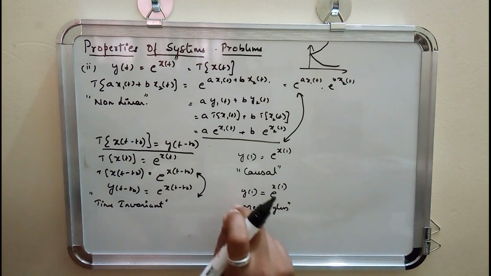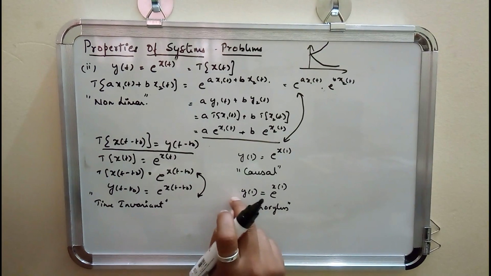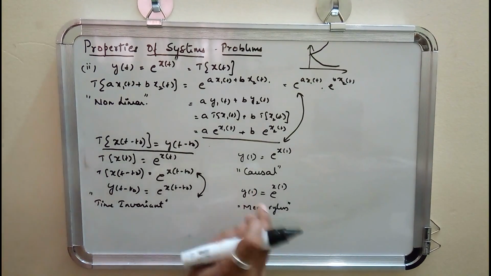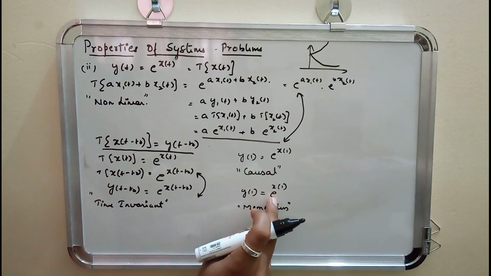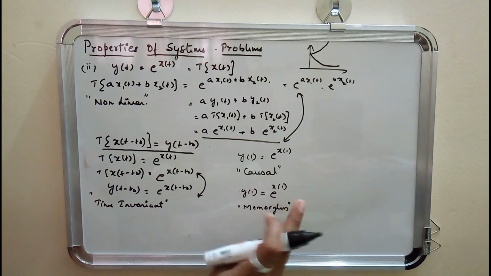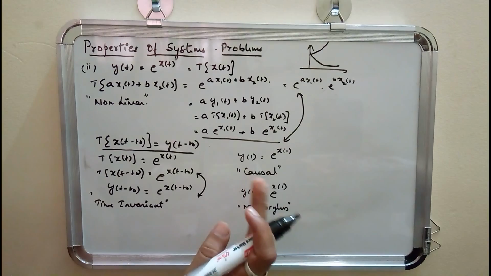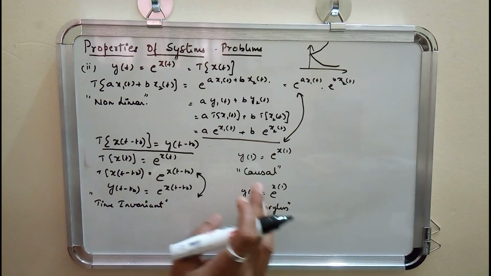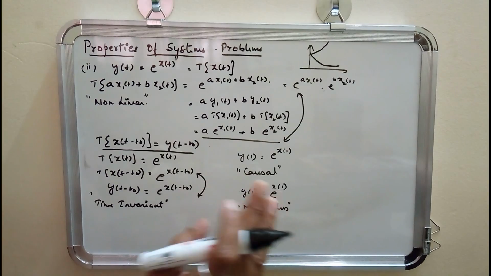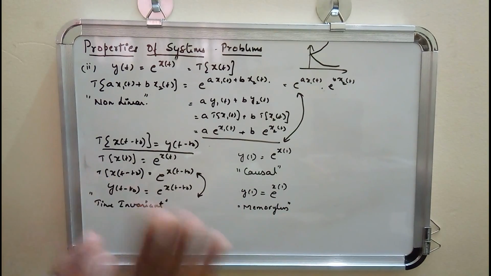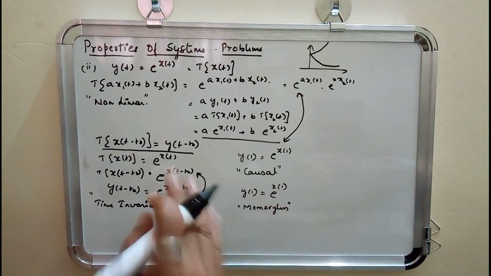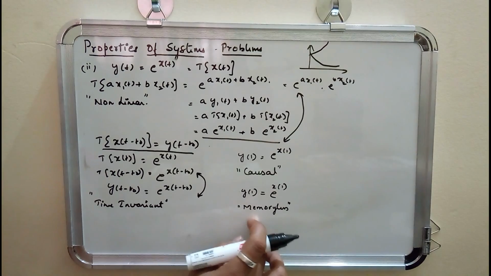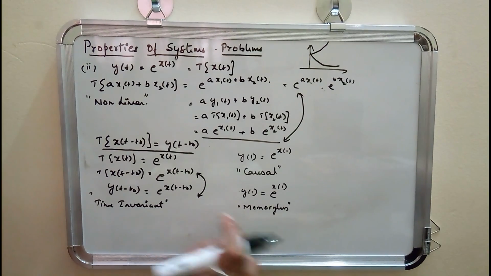When would this system have memory? If y of 1 was equal to e power x of minus 2 or minus 3, that means past values, or y of 1 was equal to exponential of x of 3 or 5 or higher, that means future values, then the system would have memory. But in this case it is memoryless.